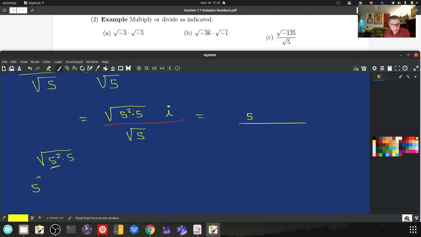So it's the power 2 divided by the index times what remains, and 5 to the 2 divided by 2 is 1. That's 5 times the square root of 5, divided by the square root of 5 times I. Now the square root of 5 divided by the square root of 5 cancels, so all I have is 5 times I. Okay, so just get used to it, and we're going to keep this pretty basic.